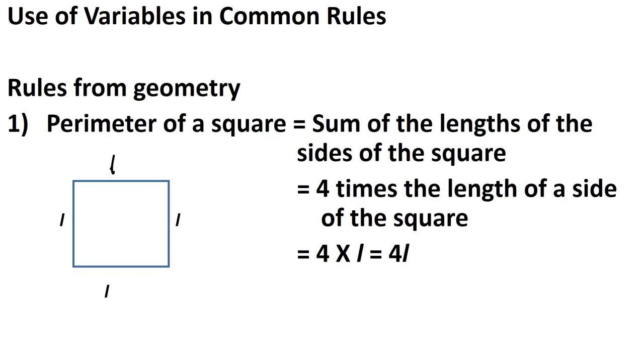In this way, the formula has been made. You know the formula, but you don't know how it has been derived. Okay, so this L is a variable and this 4 is a constant. L can be any number. Let it be 2 centimeter or 3 centimeter or 4 centimeter, any.